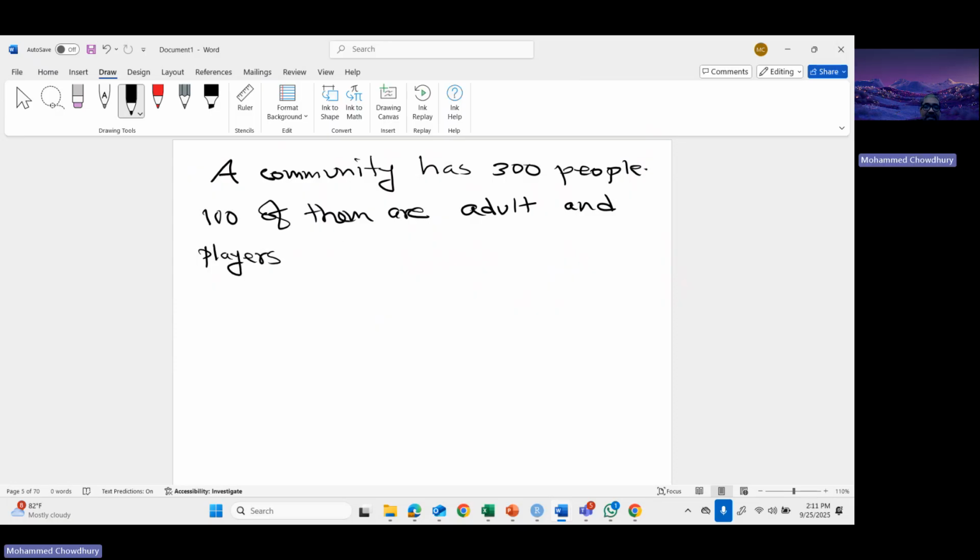A community has 300 people. 100 of them are adult and players. 200 of them are adult.